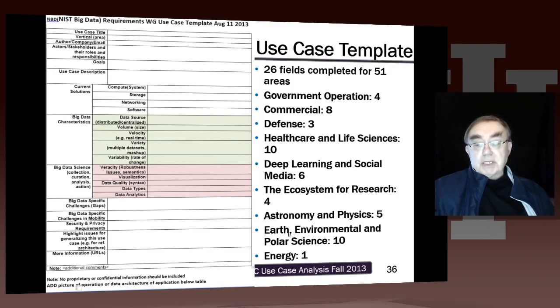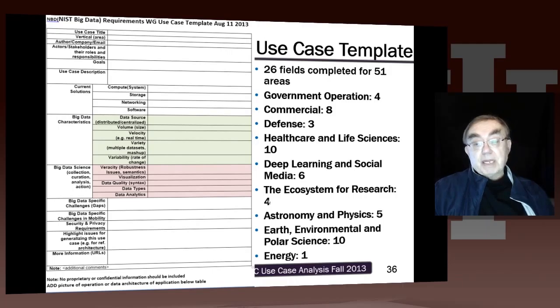Then we have a pretty exciting area, deep learning, where a lot of the progress has been made in analytics, and social media analysis. Those are two very hot areas which we joined together. Then we have 4, which I call the ecosystem for research, because they describe general features, cross-cutting use cases. You'll see what they are when we come to them.